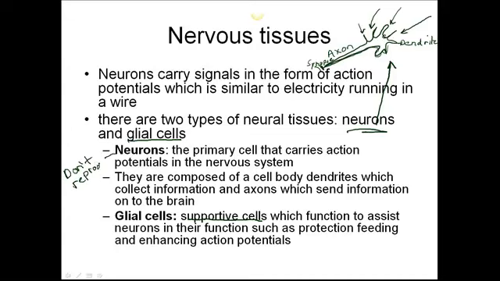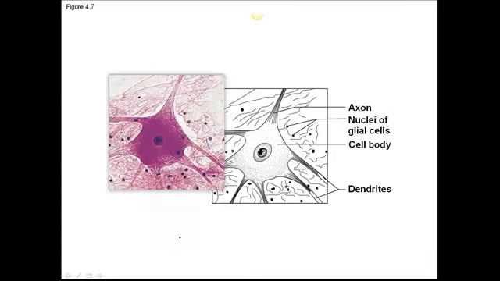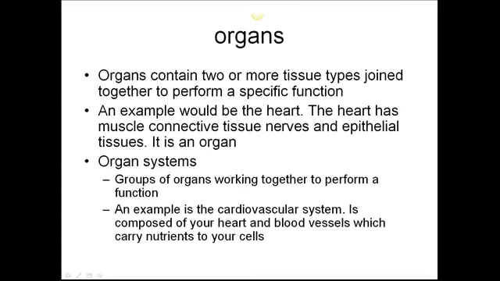That's a bad thing, because if one gets damaged or destroyed, it can't be replaced. So these supportive cells function to assist neurons in their functions, such as protection, feeding, and enhancing action potentials. They're extraordinarily important, and there are more glial cells than there are neuron cells. This is what they look like.